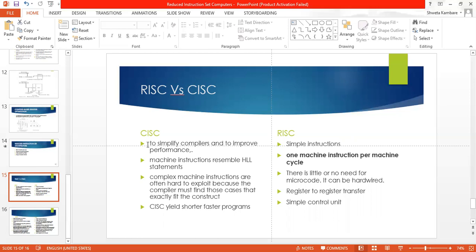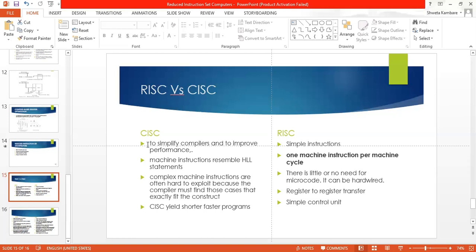The first advantage is that the program will be shorter, as more operations can fit into one instruction. The CISC architecture yields shorter programs, and as the programs are shorter, the execution will also be faster.